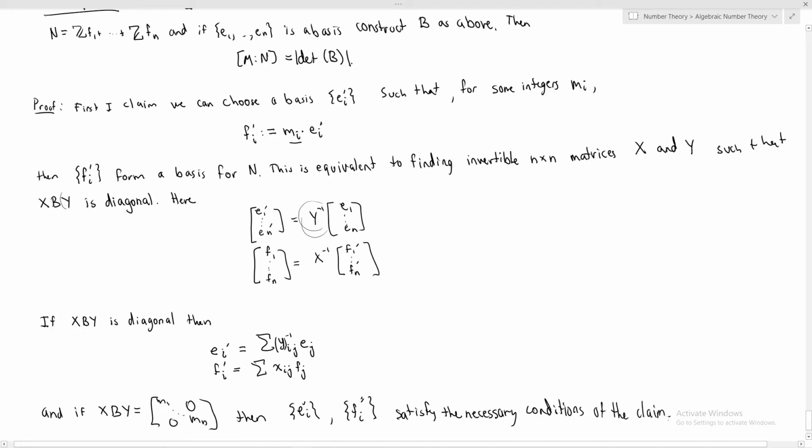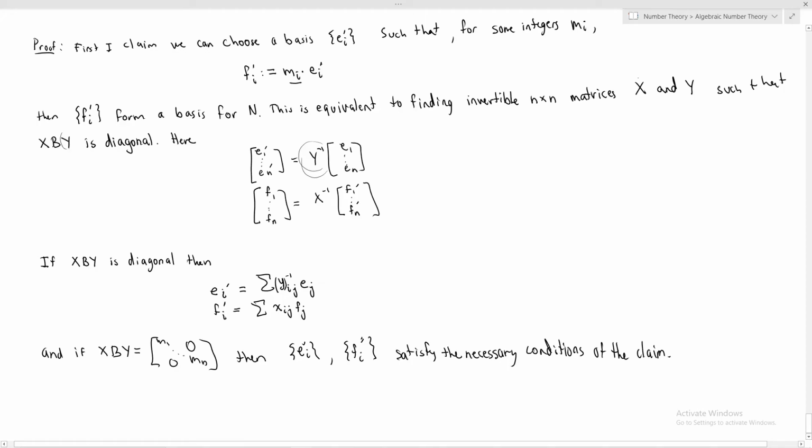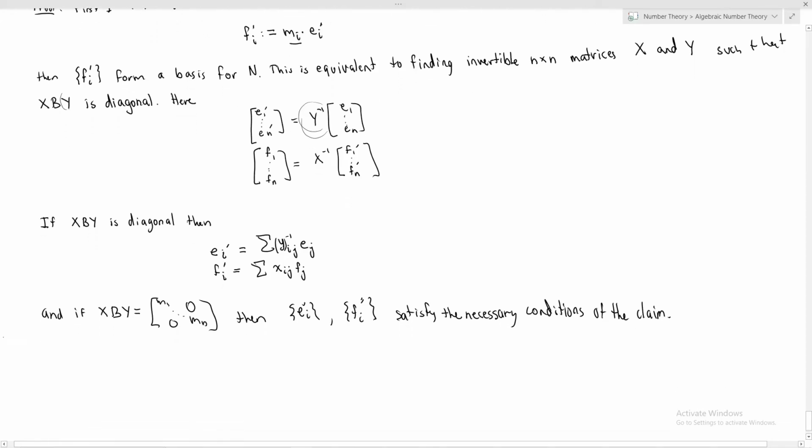Okay, so what is going on here? First, I'm basically saying I can choose some nice bases for m and n that will make this problem a lot easier. So how do I know that I can always diagonalize this? I'm not going to prove this. If you've seen the proof of something like the classification theorem for finitely generated modules over a principal ideal domain, then you've seen this before.